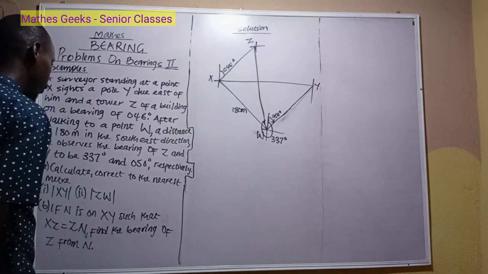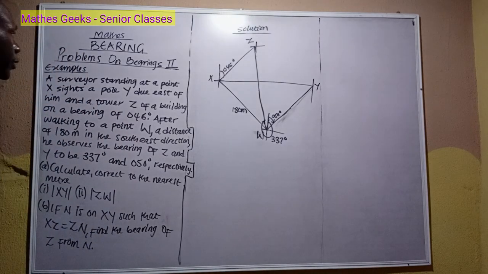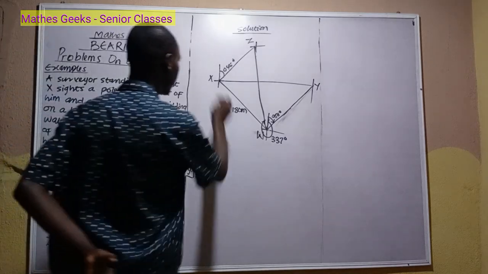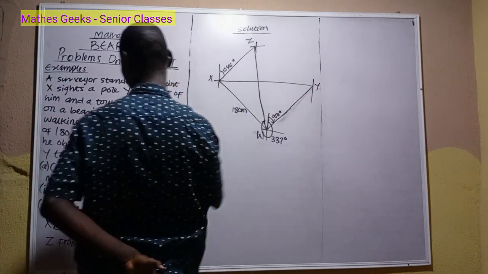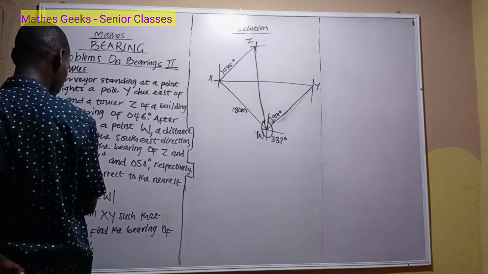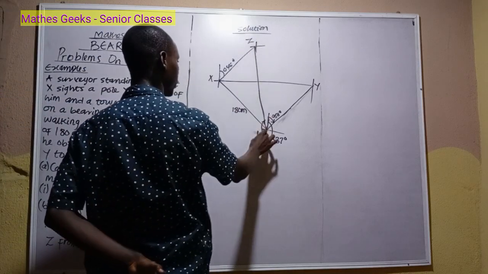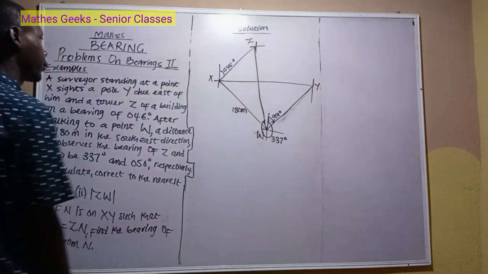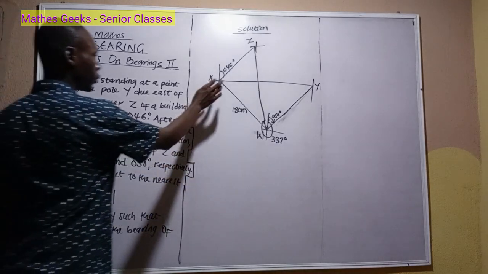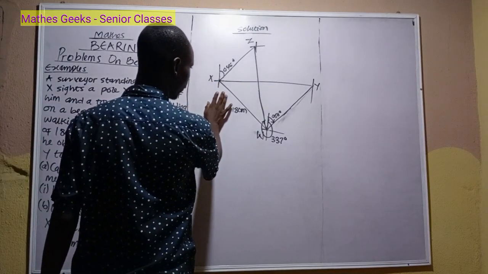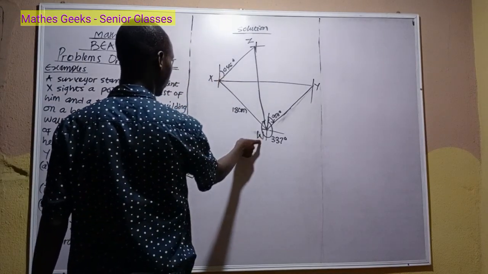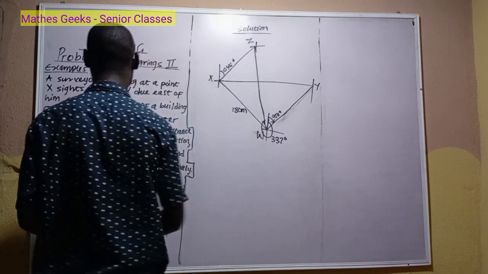So calculate, correct to the nearest meter, line XY and line ZW. Alright, so XW is the southeast direction.